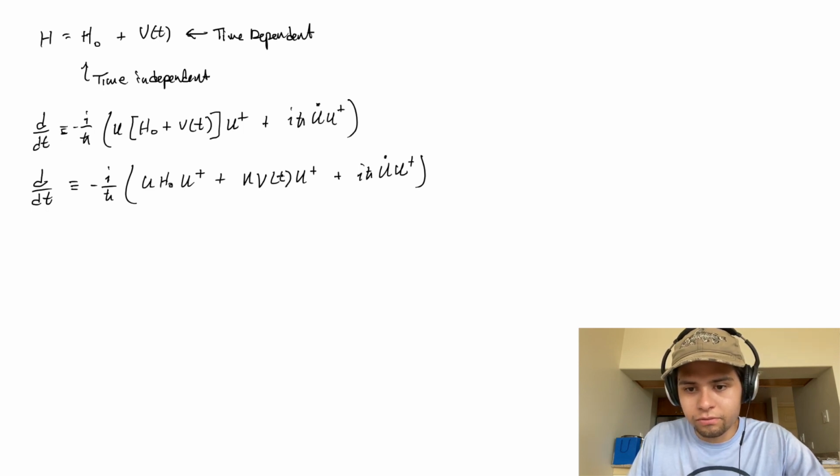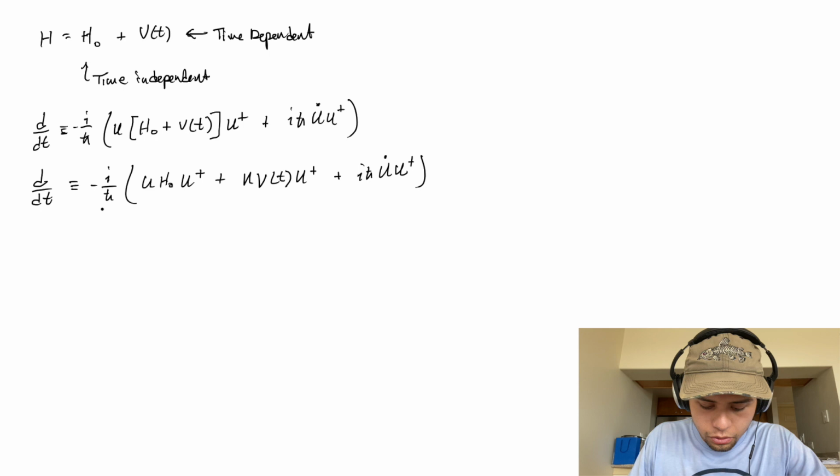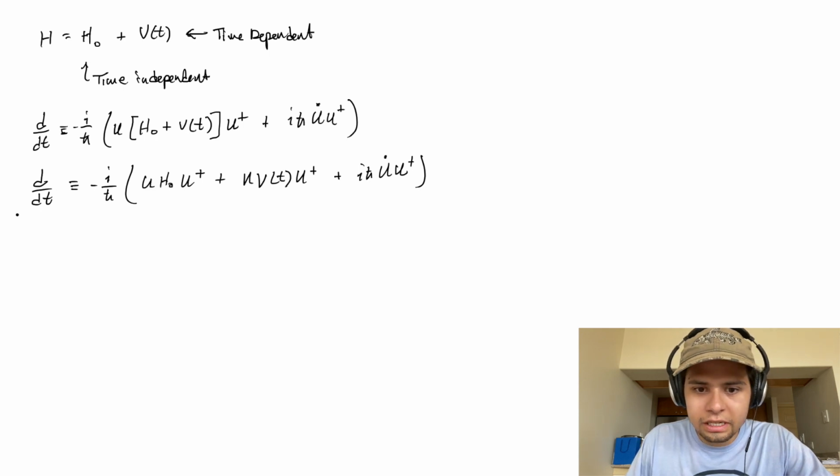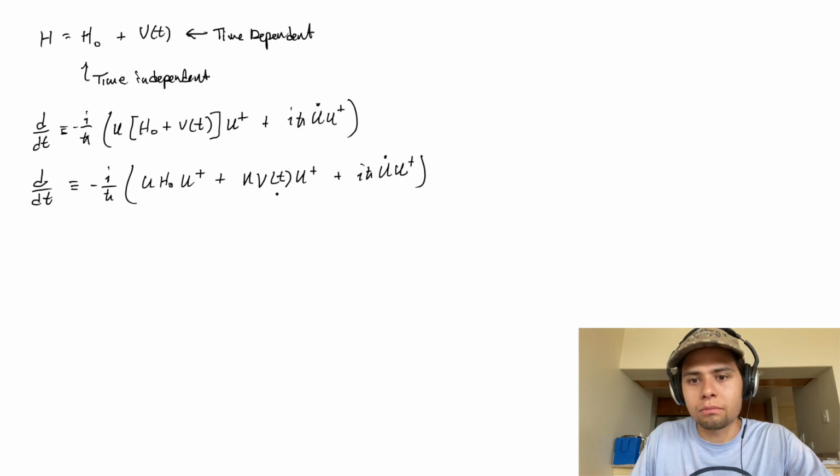As we can sort of visually see in front of us right now, this thing might have a time component to it, but we really want d/dt to correspond to the time component of the Hamiltonian and nothing else.